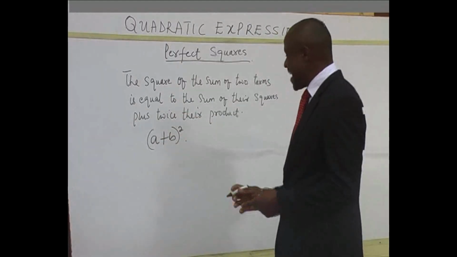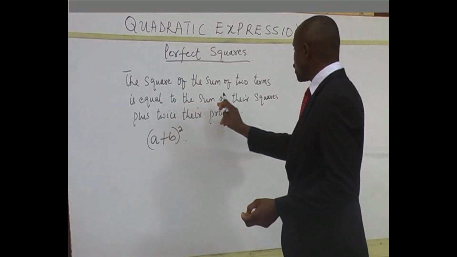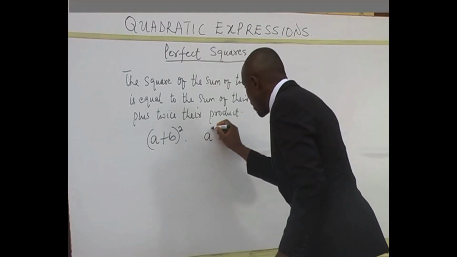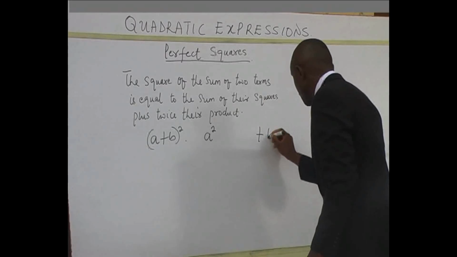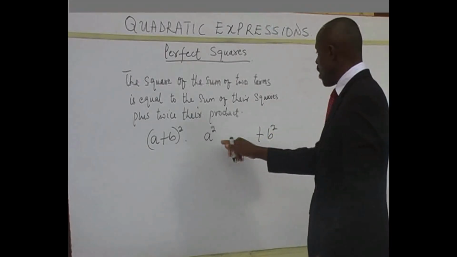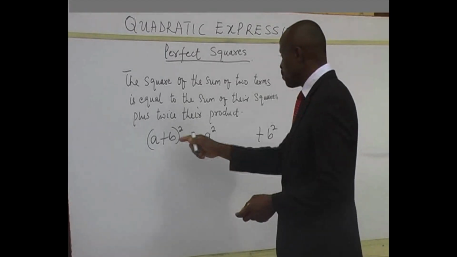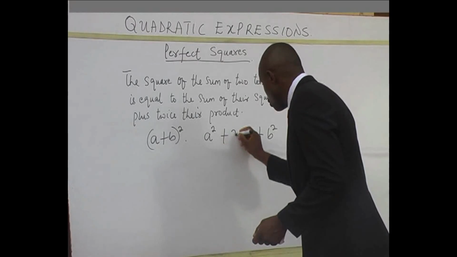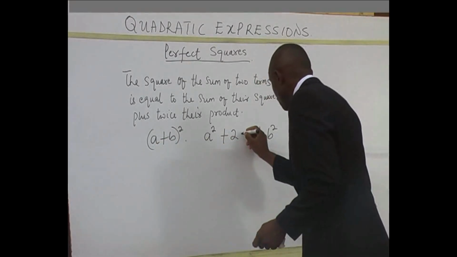Their square is the same thing as the sum of their different squares. That means a squared plus b squared, the sum of their squares, then plus twice their product, plus 2 times a times b. A times b will give you ab.